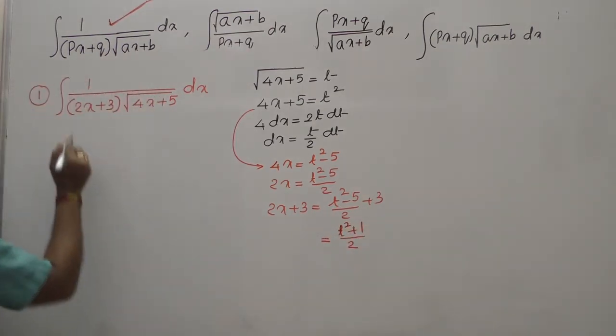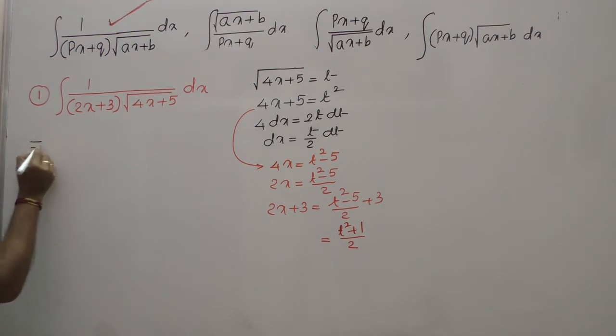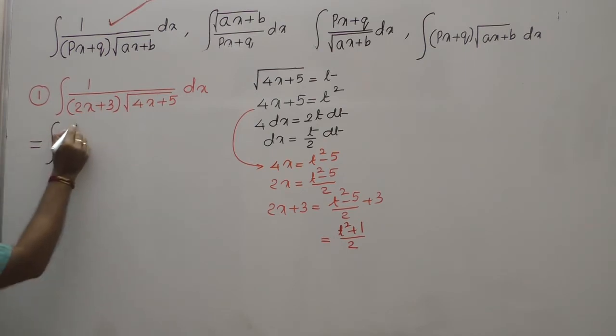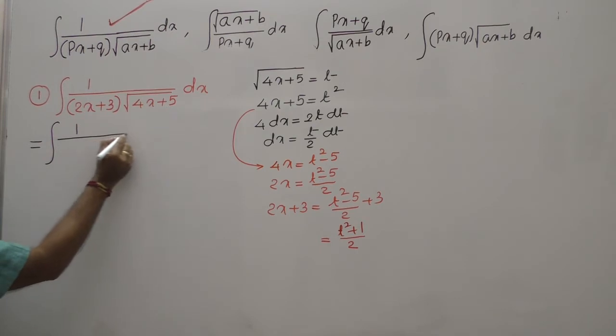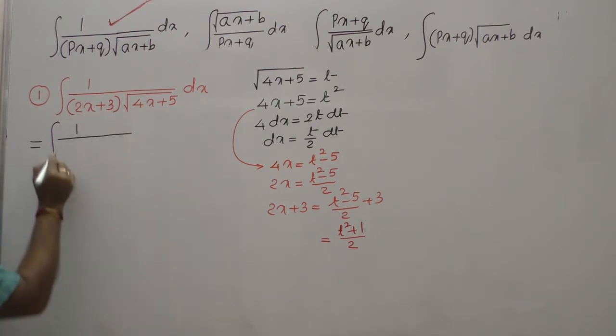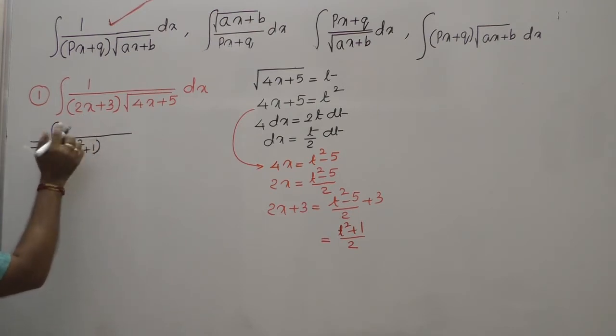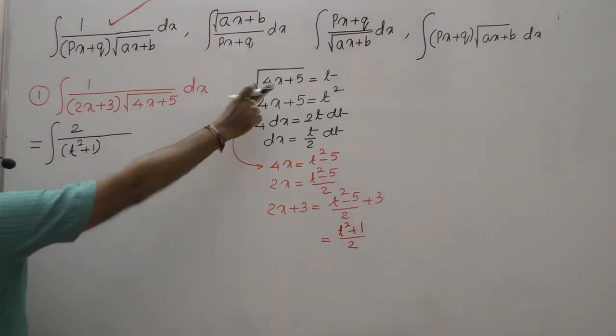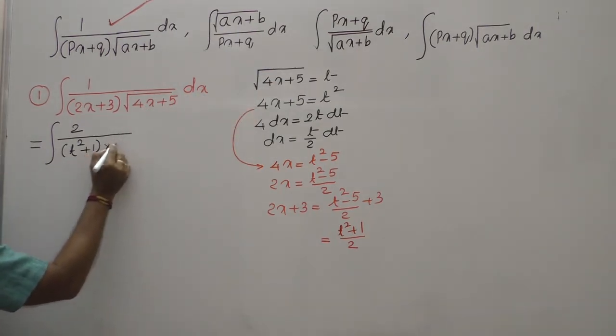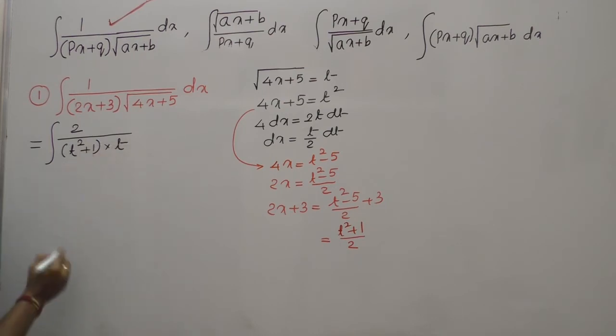Very simple. With this substitution, the given integral becomes 1 divided by, what is 2x plus 3? 2x plus 3 is (t square plus 1) divided by 2. That I can write here. Root over 4x plus 5 is t.